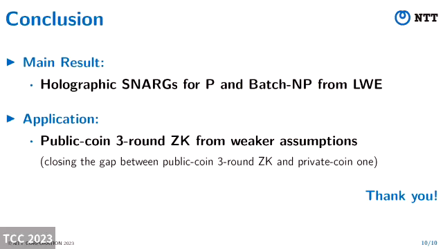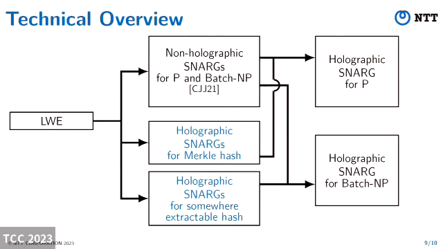I'm interested in what exactly your soundness notion of the holographic SNARG for P is. Because I know for these digested RAM SNARGs for P, it's only that you cannot prove two contradicting statements for the same hash. And now you have this oracle access. So what exactly is your soundness?